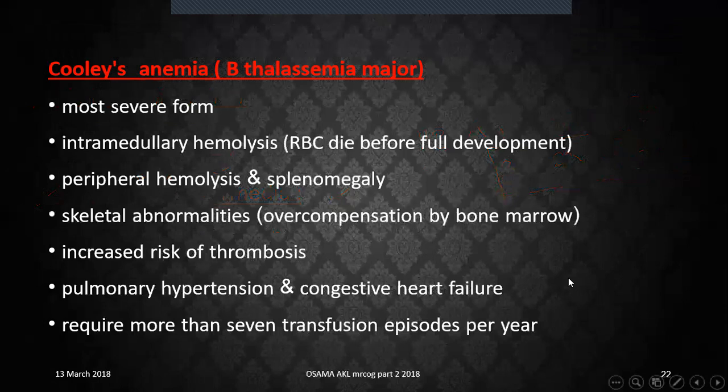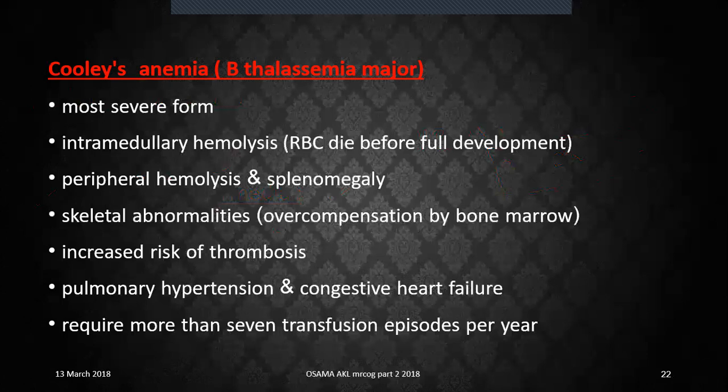The severest form is beta-thalassemia major, complete absence of the 2 genes. So malformed RBCs will be formed and they will be destroyed after short duration in the circulation. So we have hemolysis, extramedullary hematopoiesis, so we will have hepatosplenomegaly.